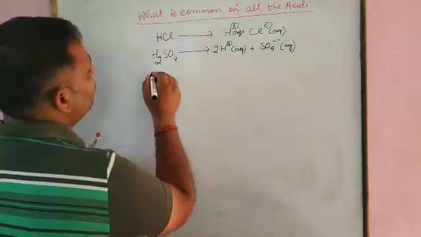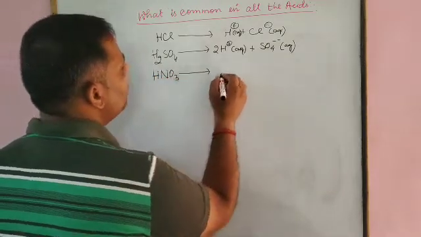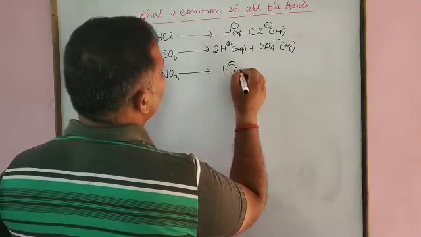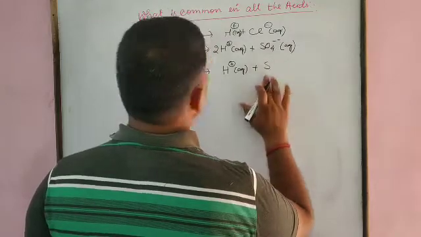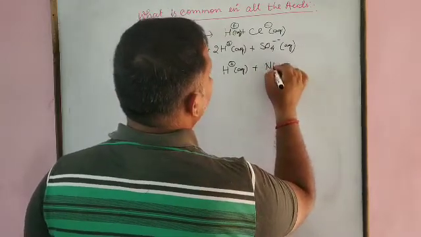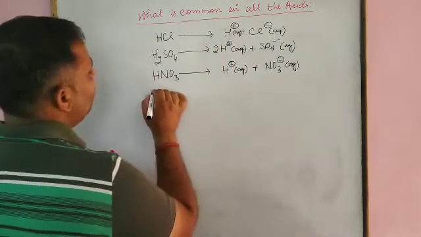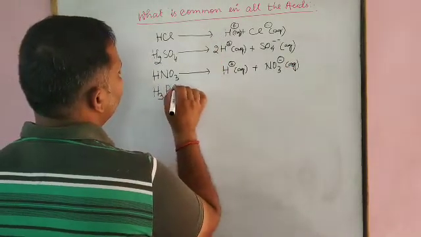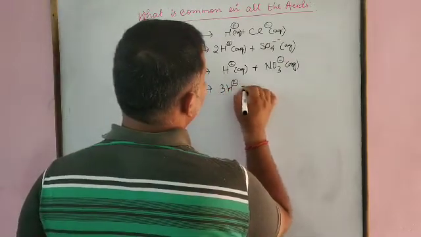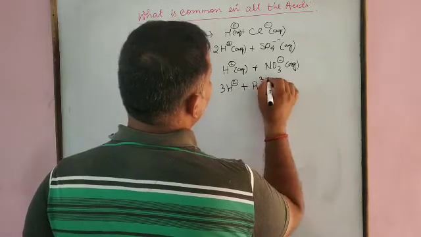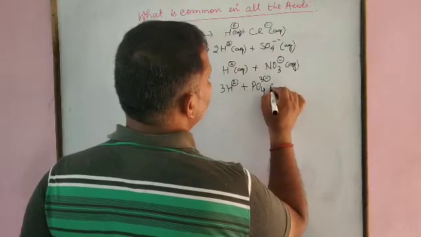Next, if we have HNO3, nitric acid, it dissociates to form H plus aqueous plus NO3 minus aqueous. If we have phosphoric acid, H3PO4, then it will form 3H plus and PO4 3 minus, aqueous.